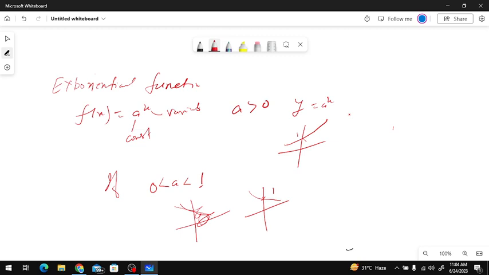Now let's try how we write code to plot the exponential graphs.